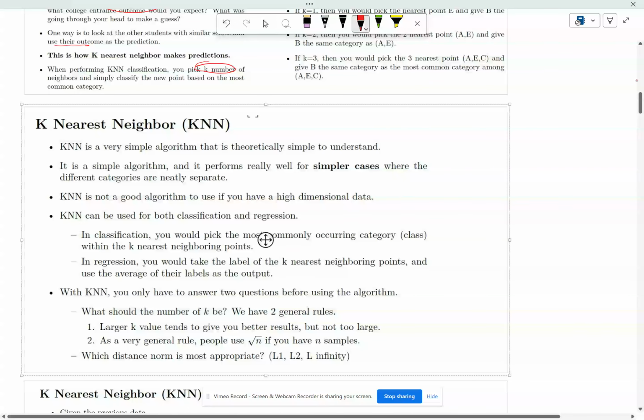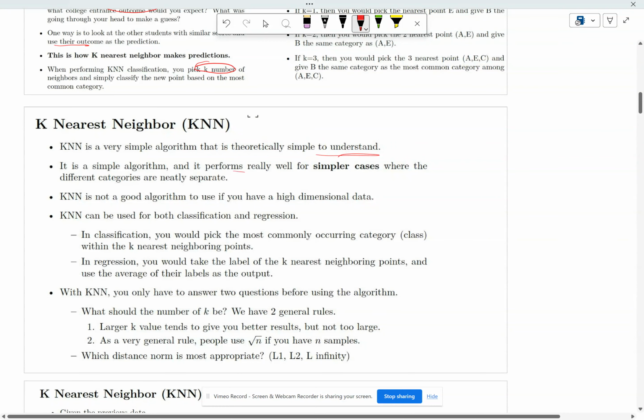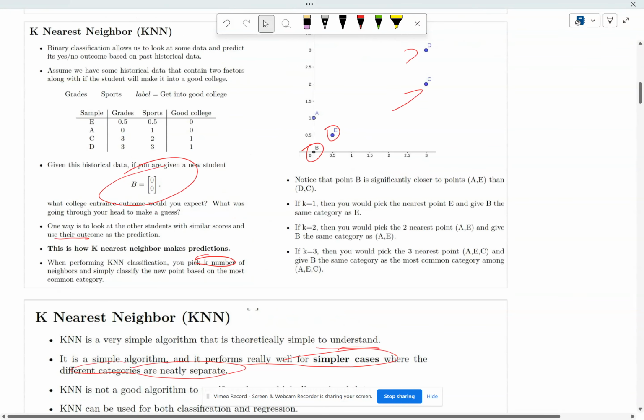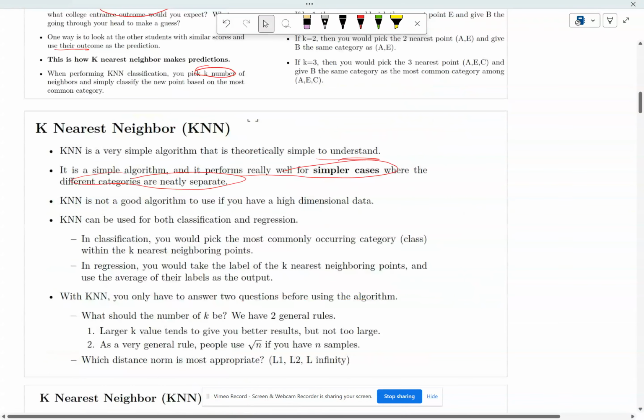K-nearest neighbor is theoretically simple to understand, and it performs quite well for relatively simple cases where different categories are neatly separated. Therefore, for those cases, K-nearest neighbor performs quite well.